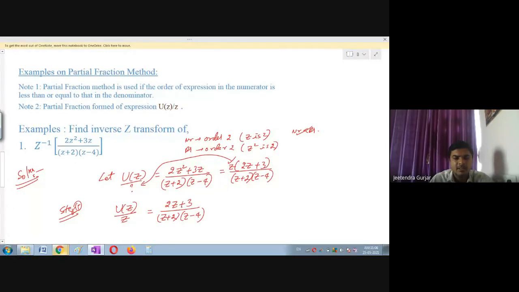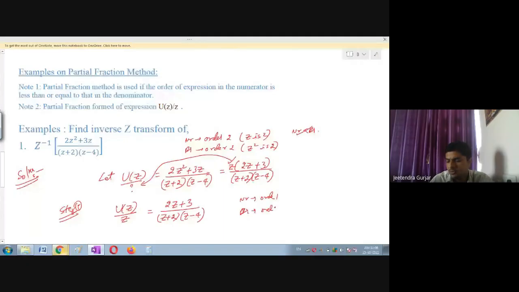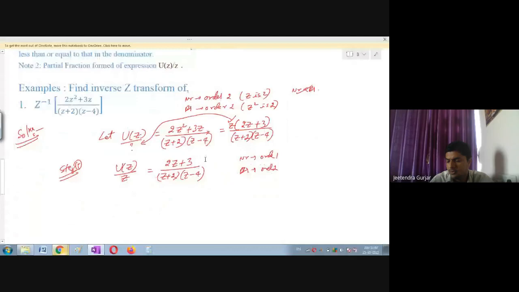Now you can see the order in the numerator is 1, and in the denominator the order is 3. Therefore, I will take the partial fraction. Please remember this is equal to A divided by z plus B divided by (z plus 2) plus C divided by (z minus 4), students.